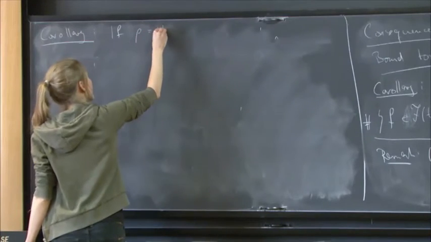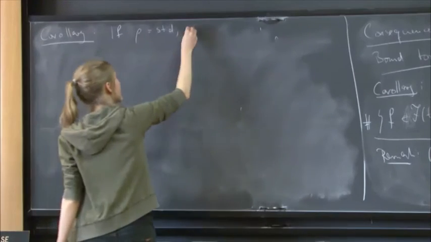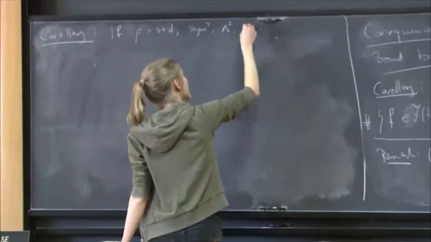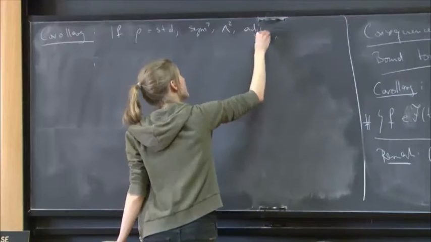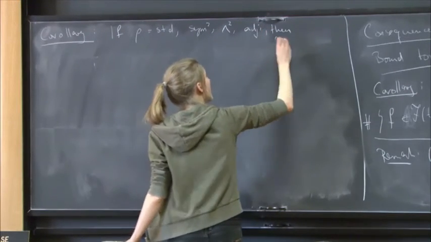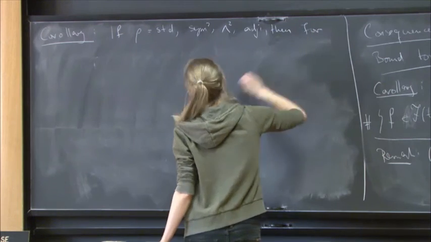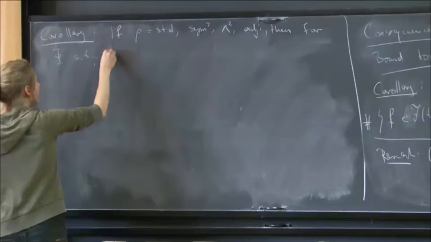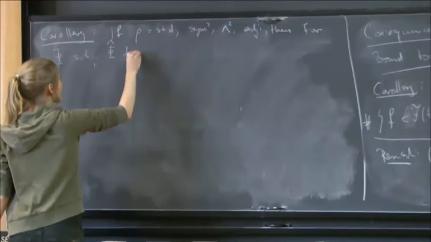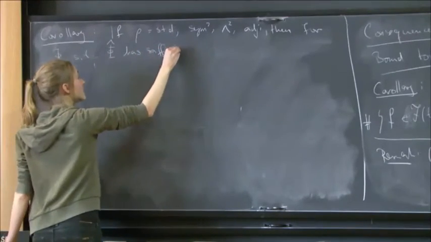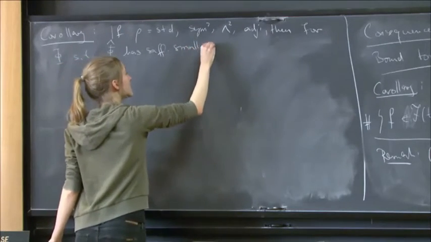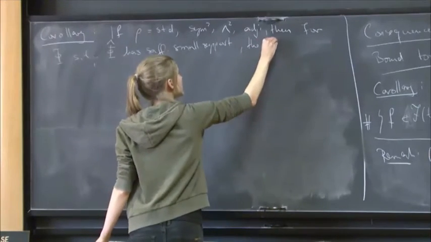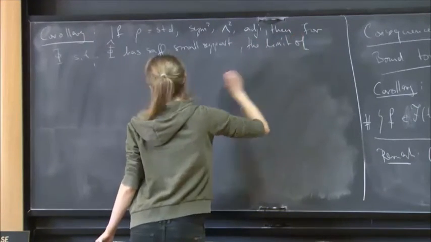If rho is either the standard representation or the symmetric square or the exterior square or the adjoint representation, then for every phi such that its Fourier transform phi hat has sufficiently small support, the limit of star exists.